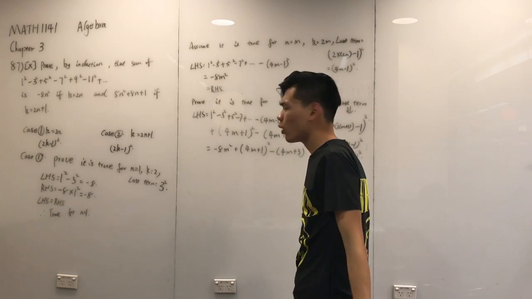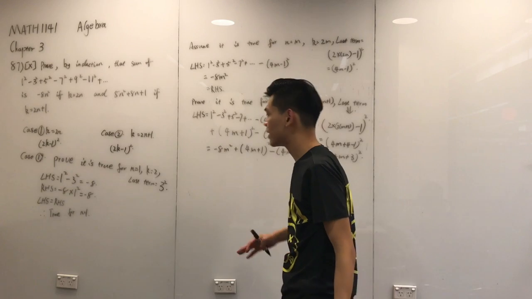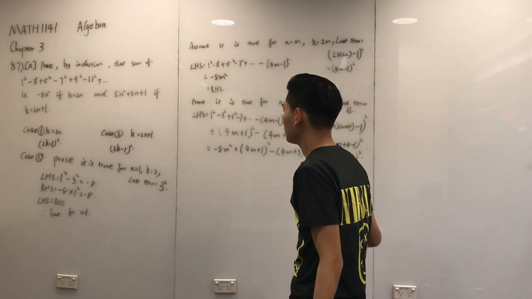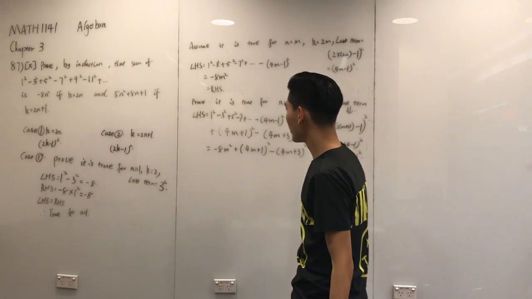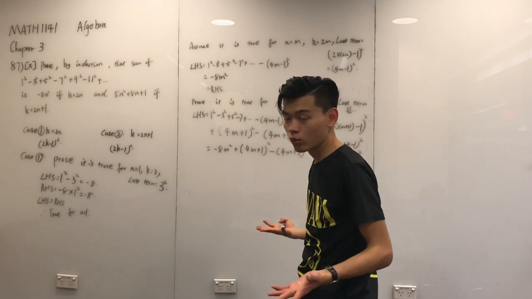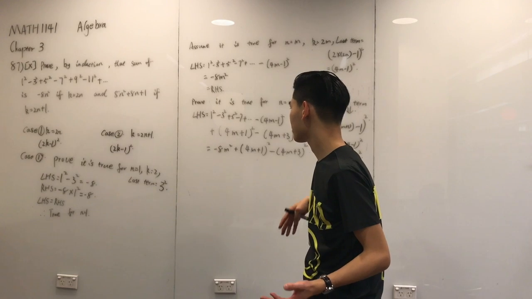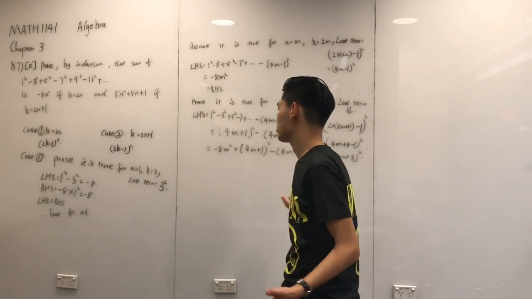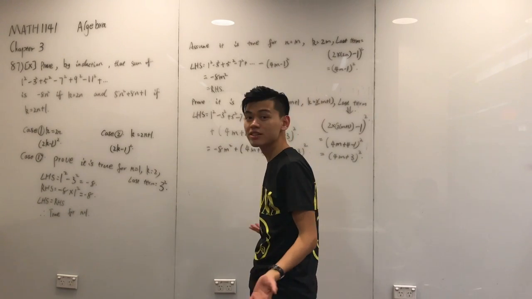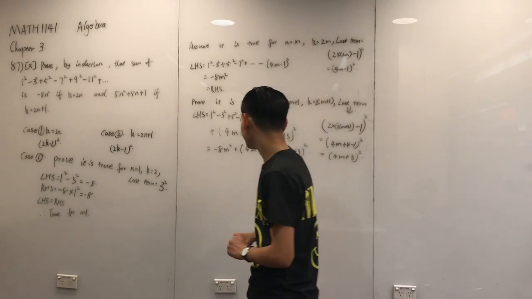And the rest is quite easy. You just expand it out and then make sure it goes back to minus 8(m plus 1) squared, and then you finish this question. So if you know how to do it, you can stop here. If you want to see the rest, you can just stay online.